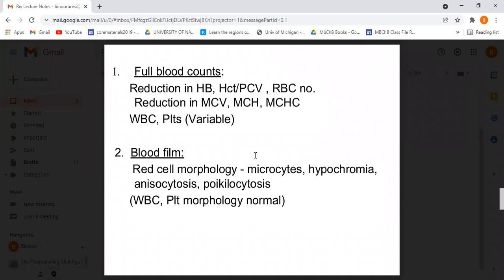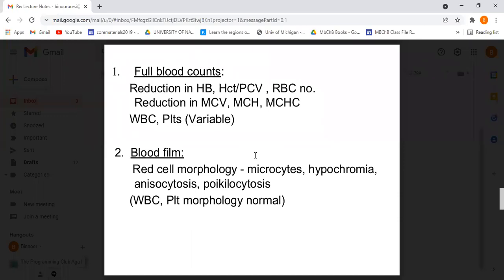Then you have reduced MCV, reduced MCH, reduced MCHC, showing that it's a microcytic anemia. The white cells and platelets will be variable, they don't matter. So when you're given that full hemogram or total blood count, you should be able to say this is a microcytic hypochromic anemia using these parameters.